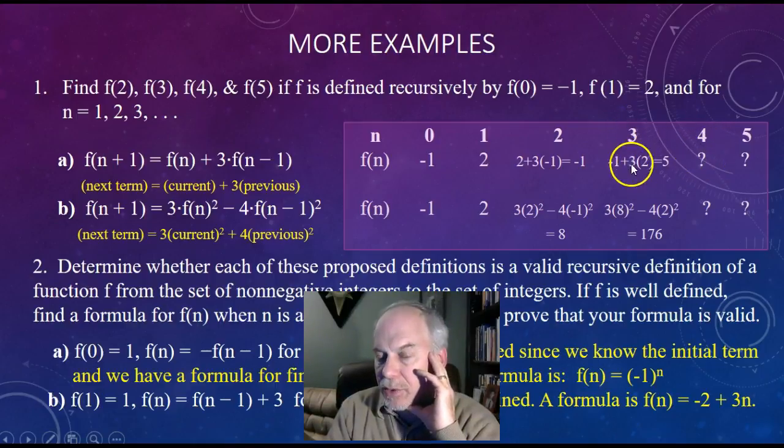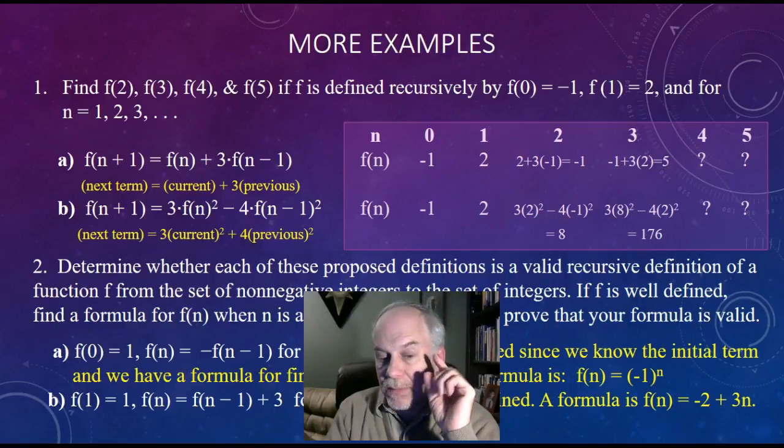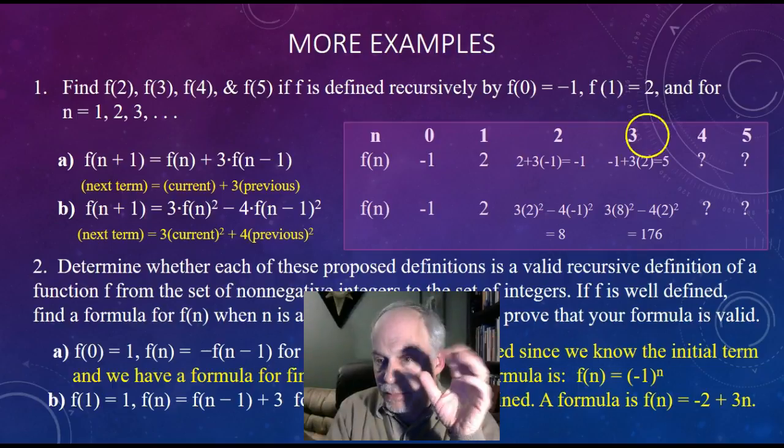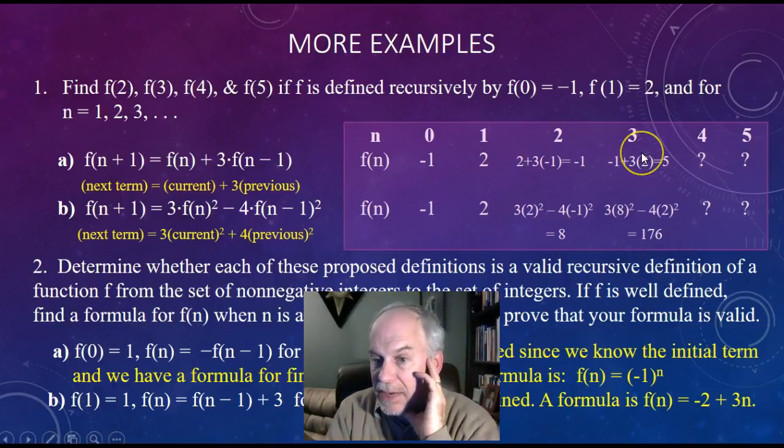Well, the current term is the third term, which is 5. So we take the current term plus 3 times the previous term. So if the current term is 5, we go 5 plus 3 times -1. Now 5 plus 3 times -1 would be +2. So for 4, we get +2.